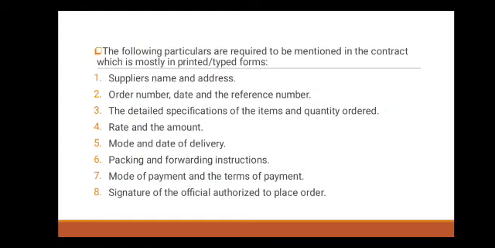Fourth, rate and the amount. Fifth, mode and date of delivery. Sixth, packing and forwarding instructions. Seventh, mode of payment and the terms of payment. Eighth, signature of the official authorized to place the order.